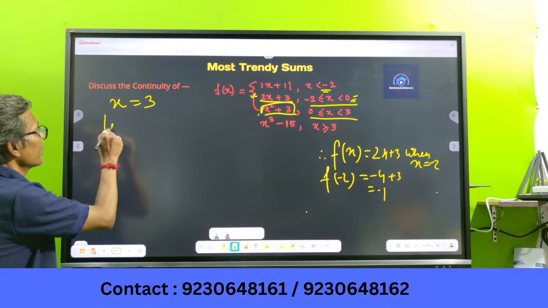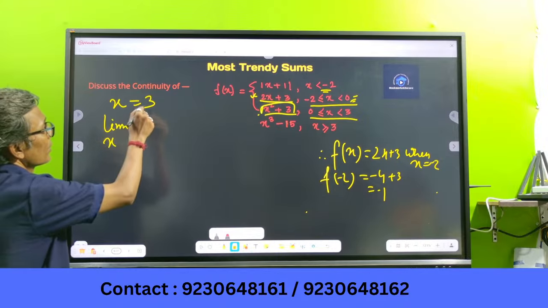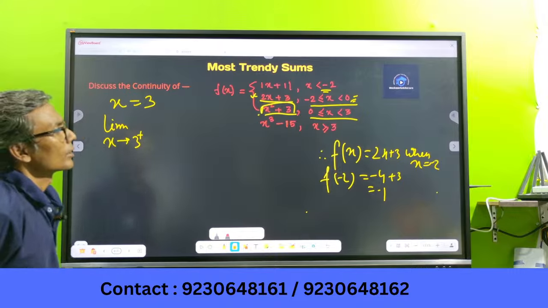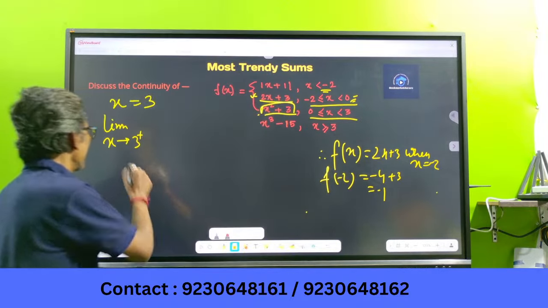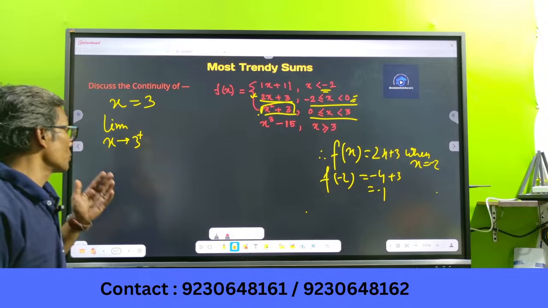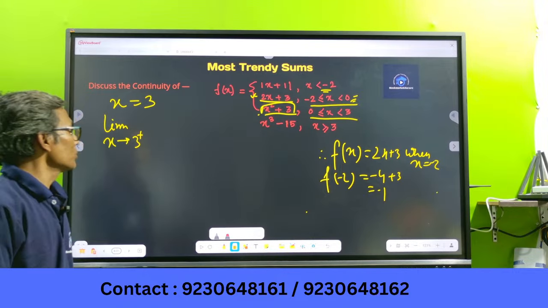The right hand side limit at the point x is equal to 3, so x tends to 3 plus, meaning the value of x approaches 3 from values greater than 3.